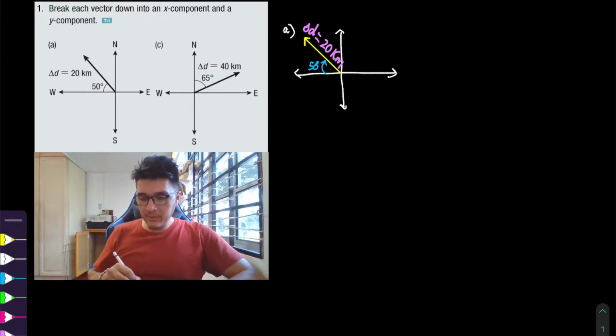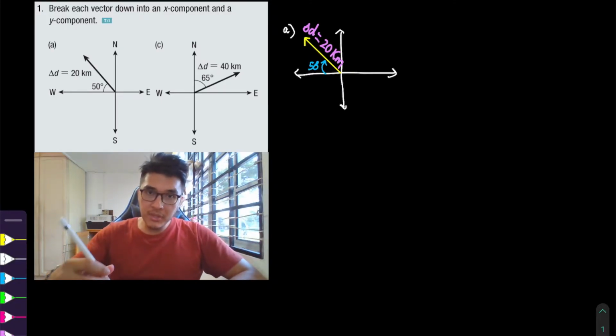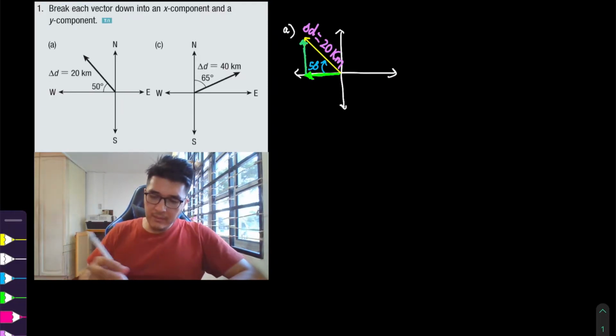To find the x and y components, you have to imagine a projection, or in other words, just completing this triangle along the x and the y component parts. So those are the 2 lines that are drawn here. Here we have delta dx, and this is delta dy.